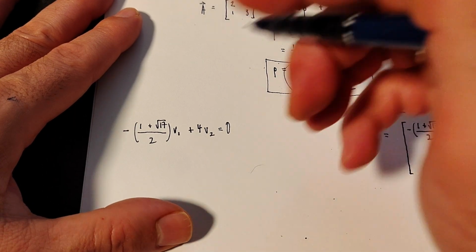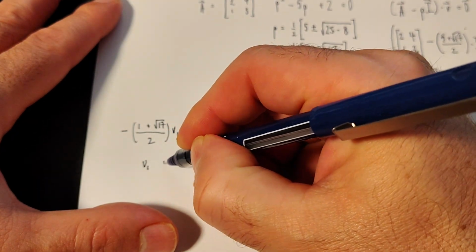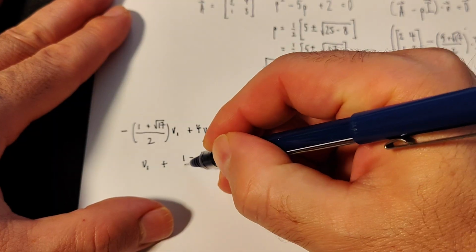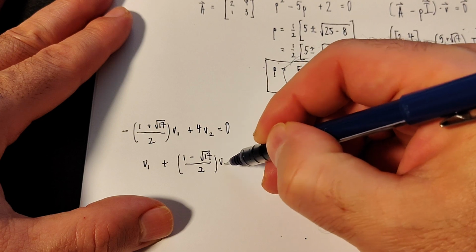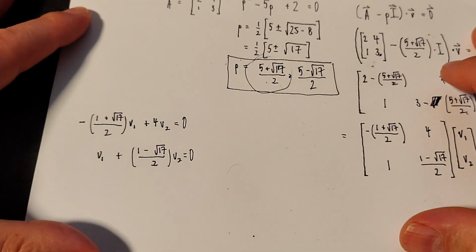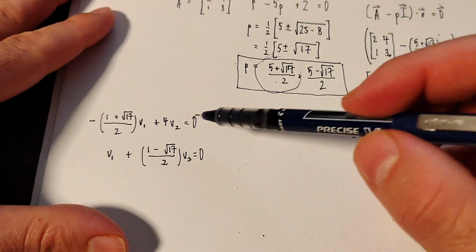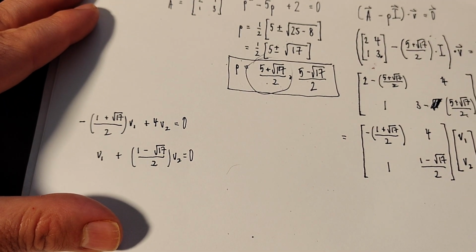And the second equation is going to be v1 plus 1 minus root 17 over 2 times v2 equals 0. All right? So we've got two equations and 2 unknowns we can solve for.